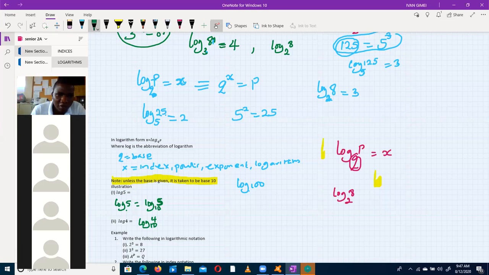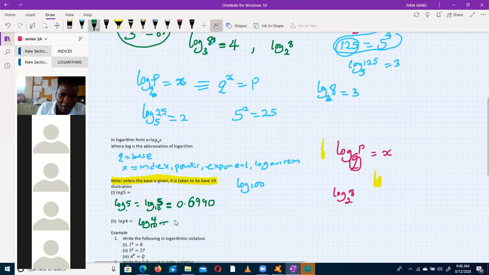Now using your calculator, find for me log of 5. What does it give you? 0.698970004. About 0.70.